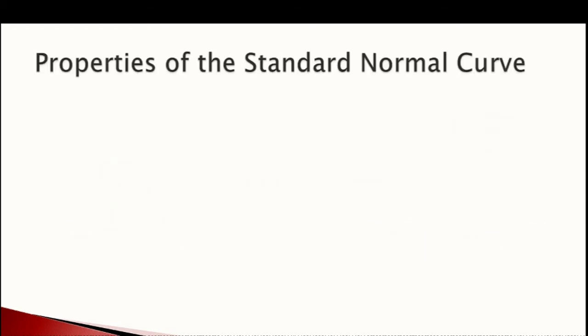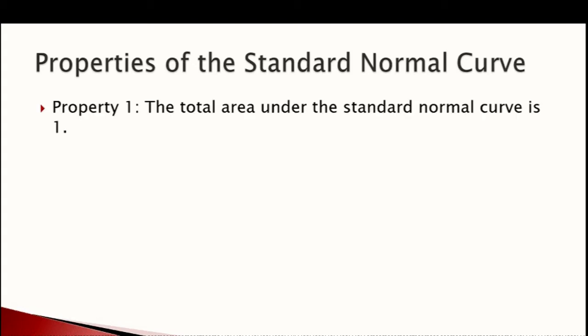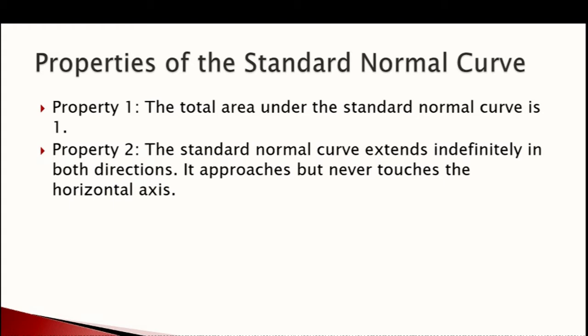Just like normal curves, the standard normal curve also has some properties. Property 1: the total area under the standard normal curve is 1, not surprisingly. Property 2: the standard normal curve extends indefinitely in both directions. It approaches but never touches the horizontal axis.